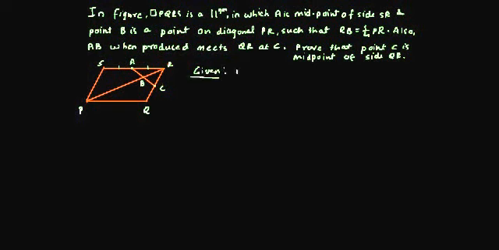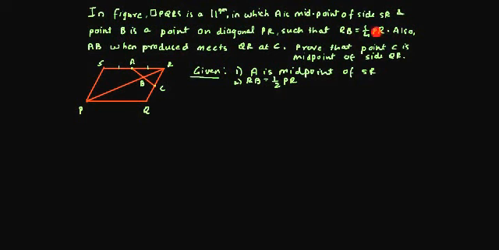Given is that A is midpoint of SR. Second given is RB is equals to 1/4 of PR. If you look at the sum, RB is 1/4 of PR.